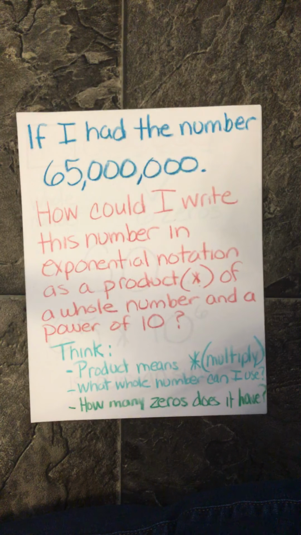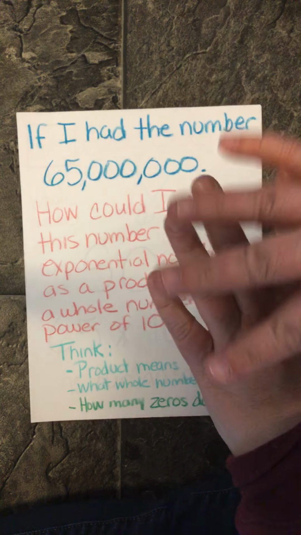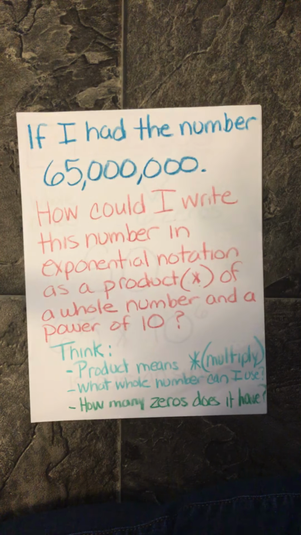I know that product means to multiply. Think about, in the number 65 million, what whole number can I use? Is it important to know the number of zeros in my problem? I want you to pause the video and think about these questions.